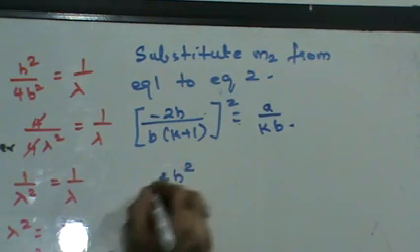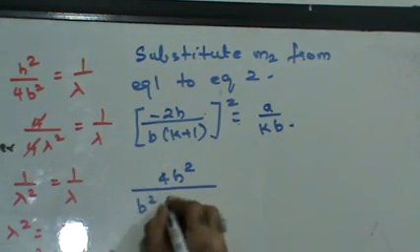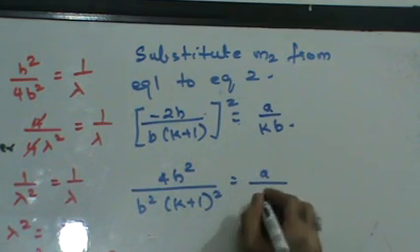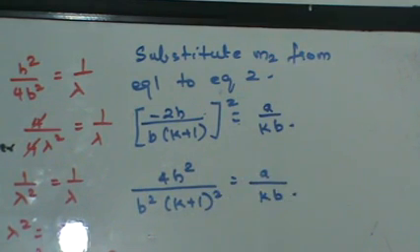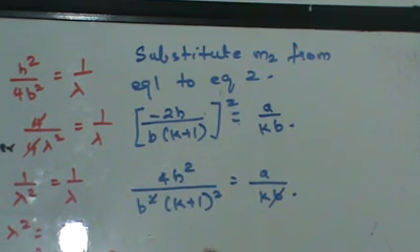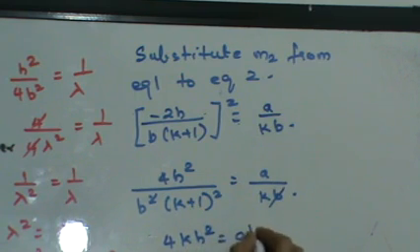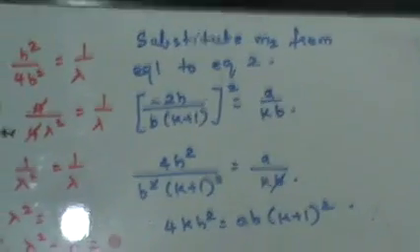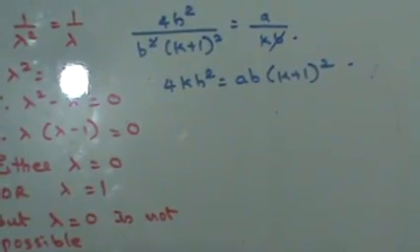This is 4h square upon b square into k plus 1 the whole square is a upon kb. So you can therefore say b and b square get cancelled, and you will get 4kh square is ab into k plus 1 the whole square, and that is exactly what we had to prove. Right? We'll stop here for the day. Thank you very much.